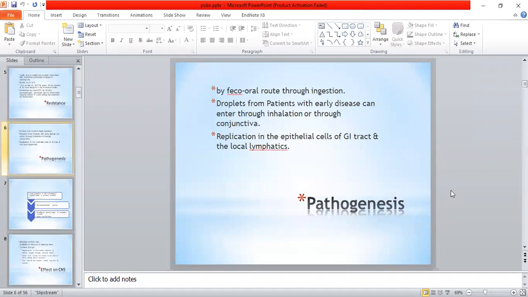Pathogenesis: by the fecal route through ingestion, and droplets from patients with early disease can enter through inhalation or through the conjunctiva. Replication occurs in the epithelial cells of the GI tract and the local lymphatics.